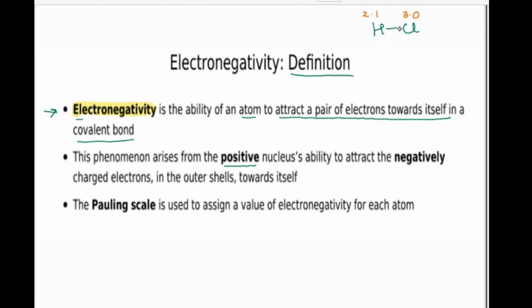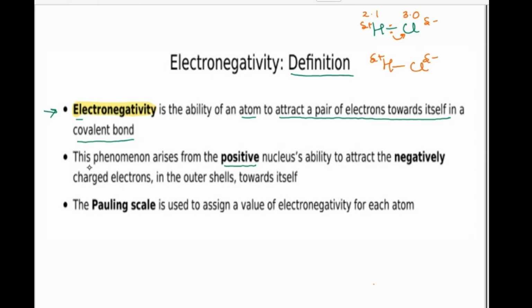So when they have a tug of war for pulling the shared pair of electrons, we can see chlorine's electronegativity is higher. So the shared pair of electrons is pulled more towards chlorine, and that is the reason chlorine will get a partially negative charge and hydrogen will get a partially positive charge. So this is going to make this molecule a polar molecule.